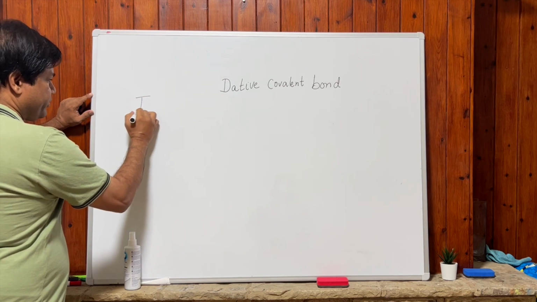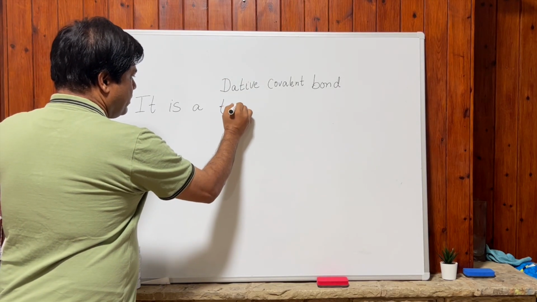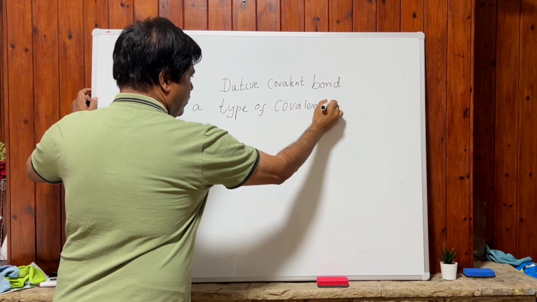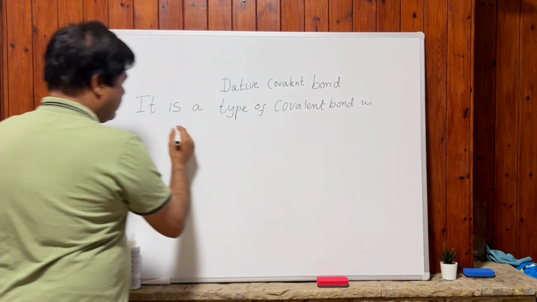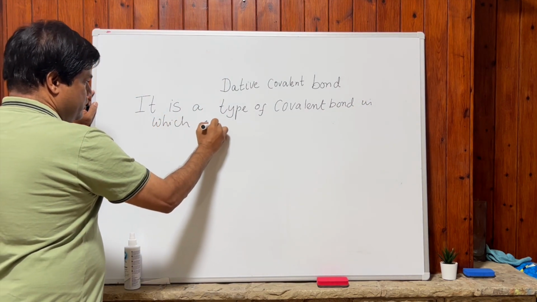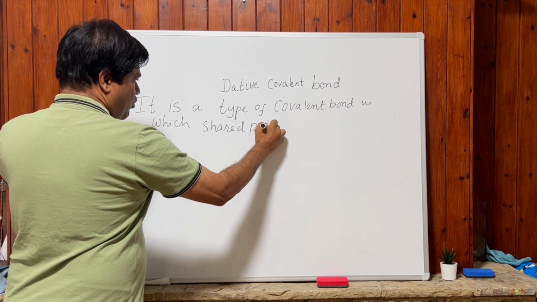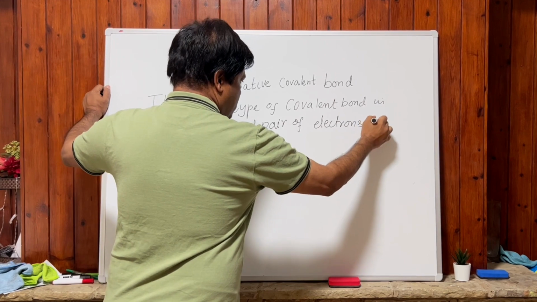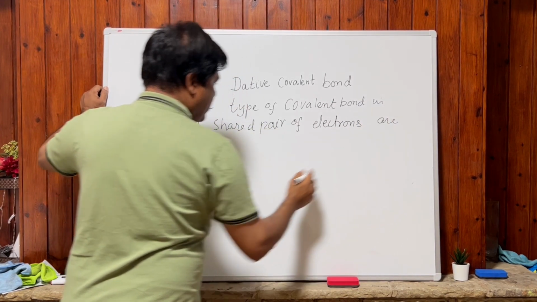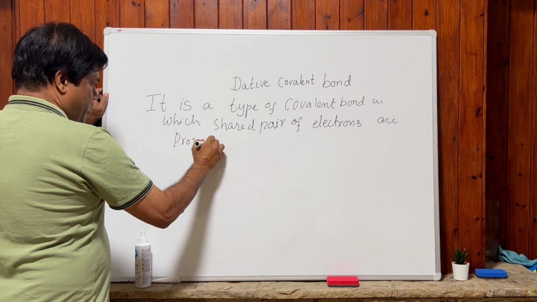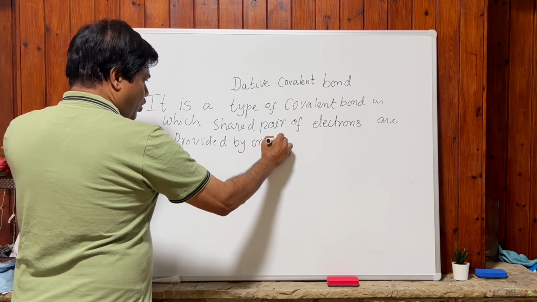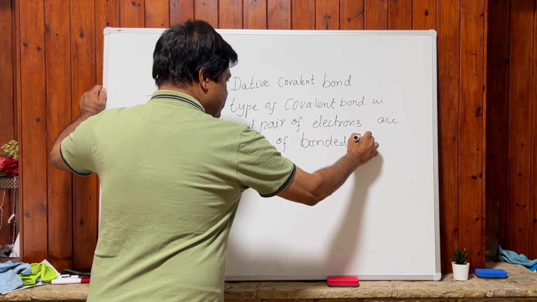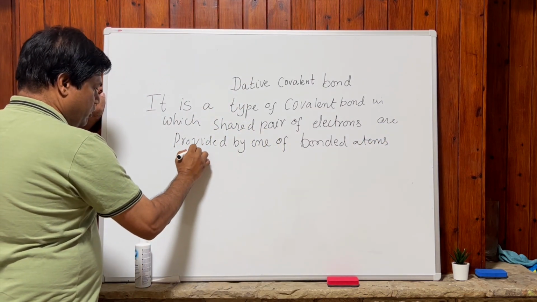It is a type of covalent bond in which the shared pair of electrons are provided by one of the bonded atoms only. So we didn't get it.